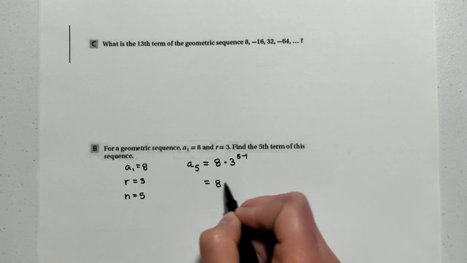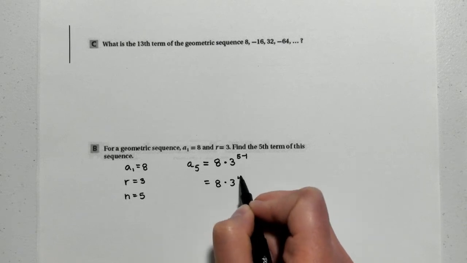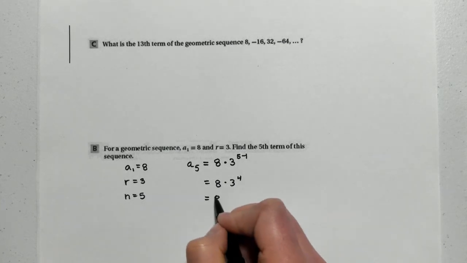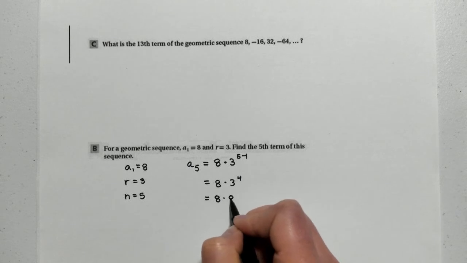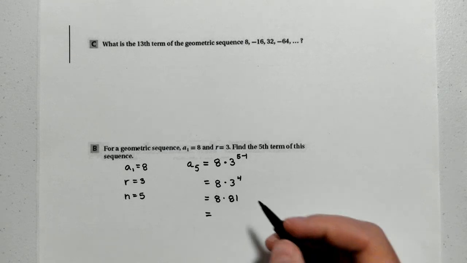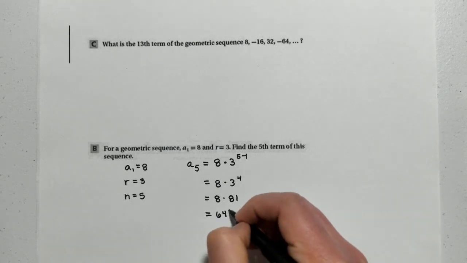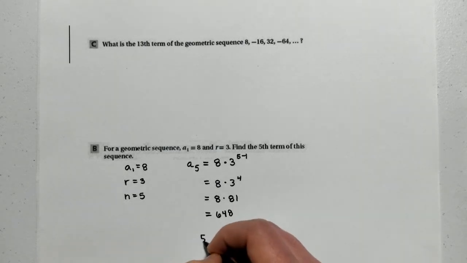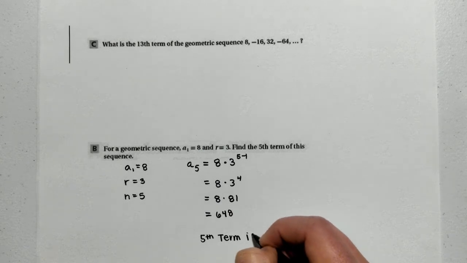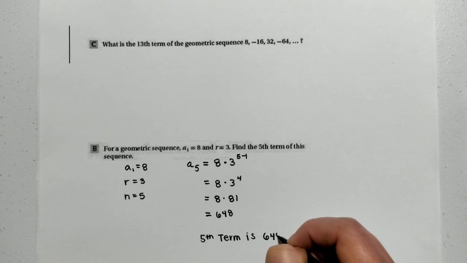So 5 minus 1 is going to give us 4, so we have 8 times 3 to the 4th power. So we're going to do 3 to the 4th power first, which is 81. So we're going to have 8 times 81, which will give us 648. So the fifth term is 648.